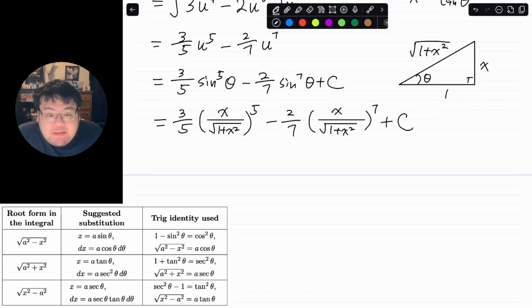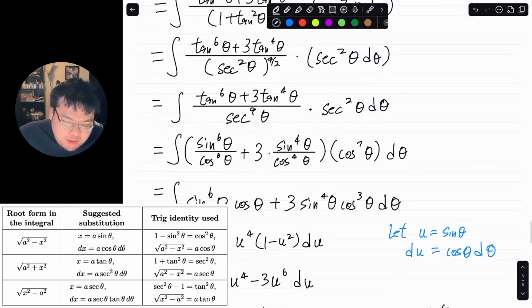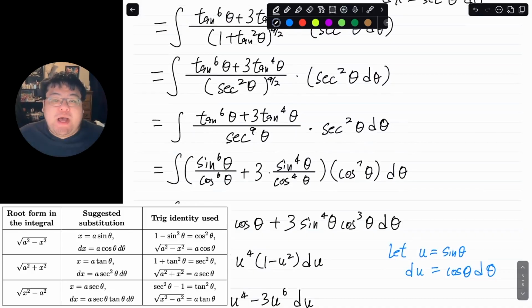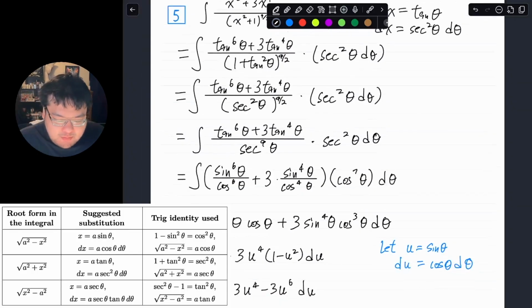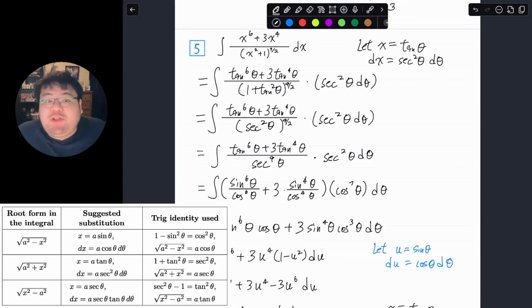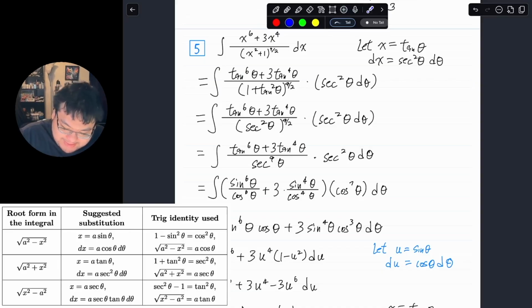A little bit complicated, but at least it's doable. Especially you see that the most challenging part of a trig sub question is not the trig sub itself. The trig sub is quite standard: if you look at the table here, it's done. However, the difficult part comes here.